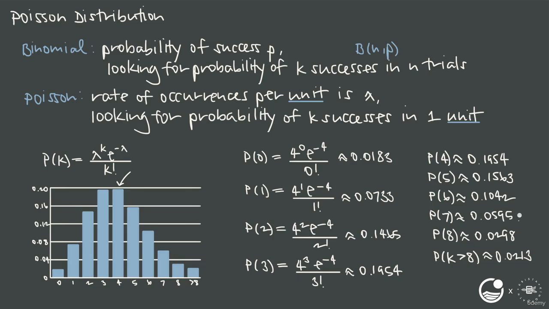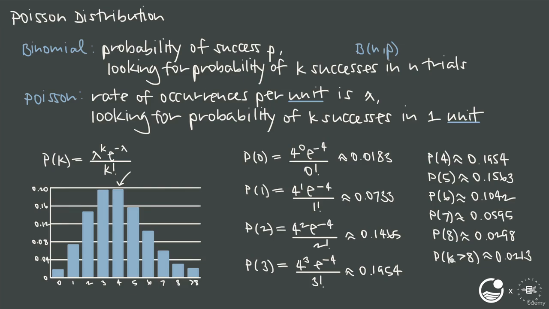And the result of subtracting all of these values from k equals 0 to k equals 8 from 1 was 0.0213.